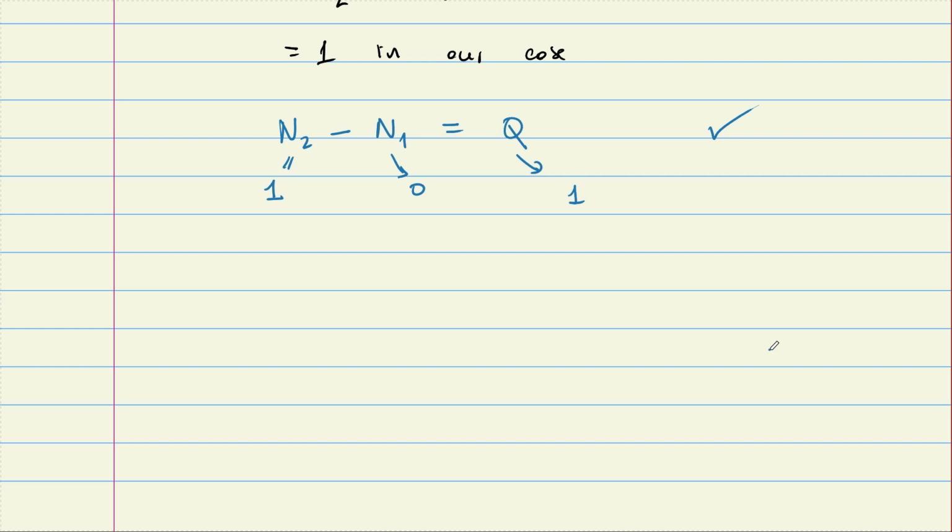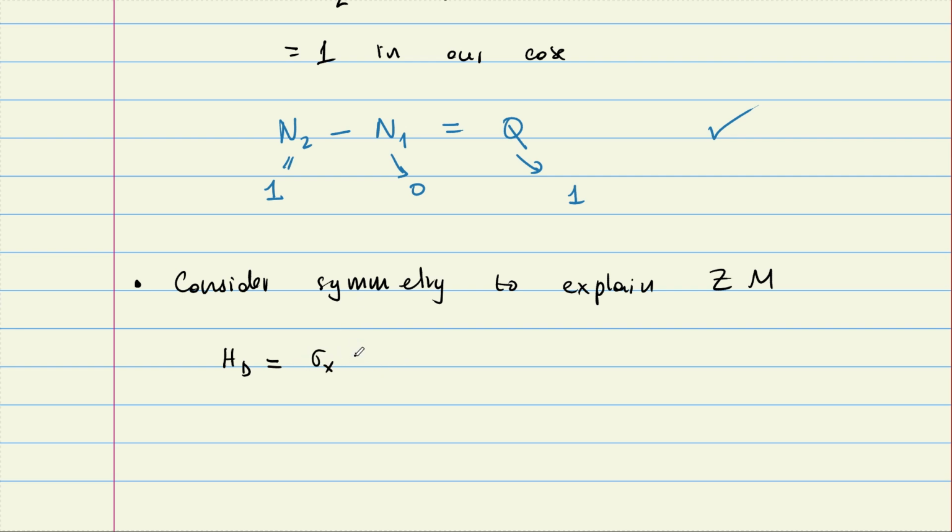Now we have to think about this a little bit more, and we have to consider symmetry to explain this zero bound state. So the Dirac Hamiltonian HD is going to be equal to, let's forget about V for now, the interesting form is here.